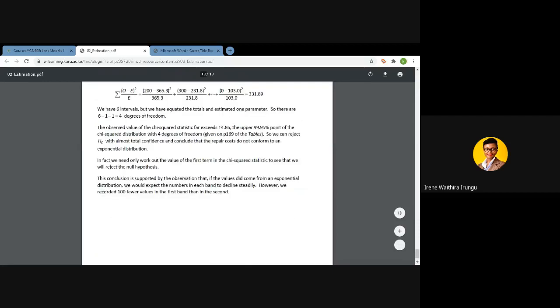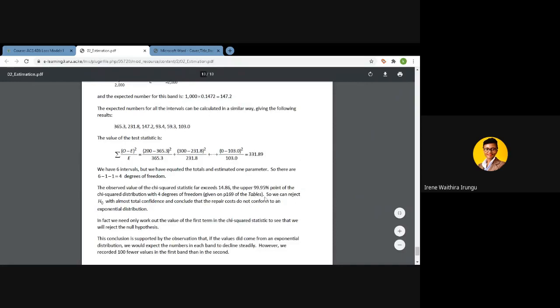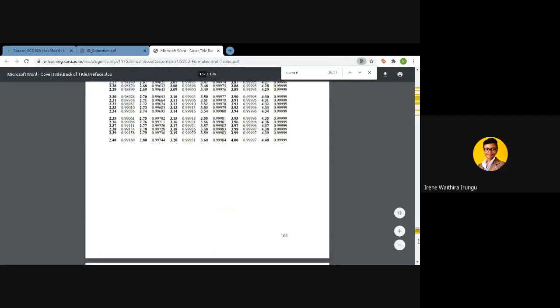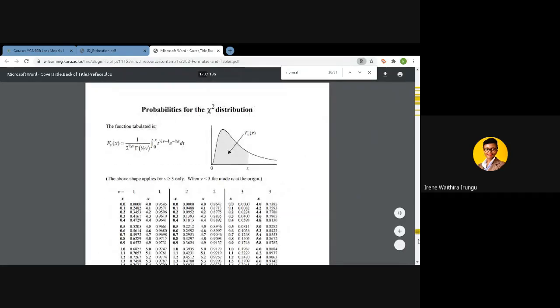So in this case, what is utilized is actually 99.95. Again, we can go to our tables, the chi-square tables. So here it is. This is the chi-square.